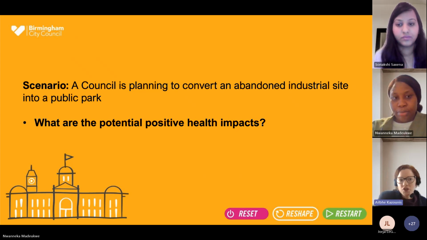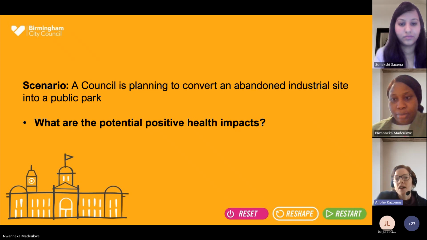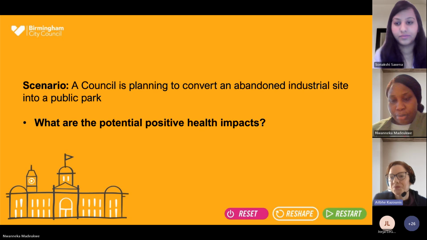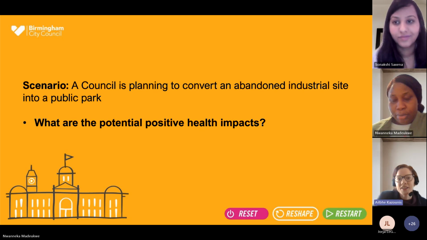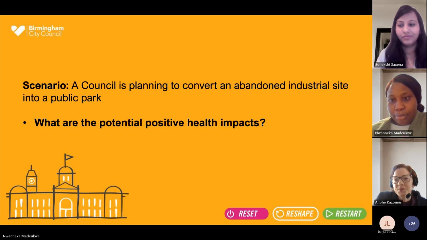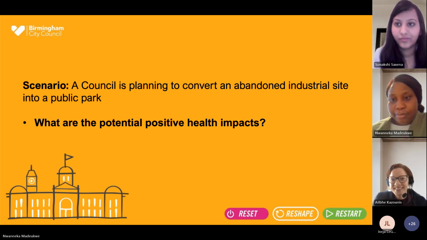So the first question is, what are the potential positive health impacts of converting this abandoned industrial site into a public park? Better mental health? Yeah, definitely. If we think of the picnic benches, good for the environment, absolutely.